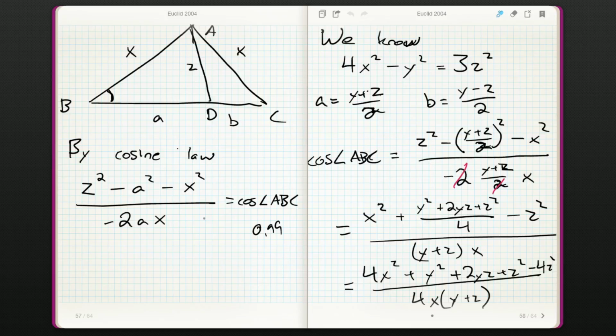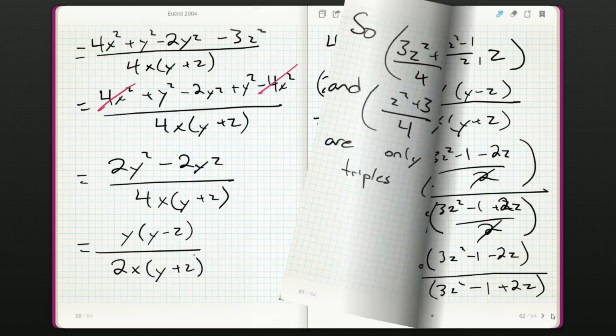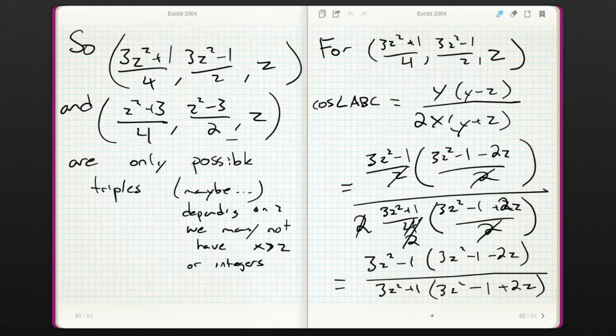And is there any other way to write this cosine? Doesn't look like it. But surely this is not the best formula to be using. I mean, it's way too ugly. When we plugged things in, nothing is about to cancel. Nothing good is going to happen here.